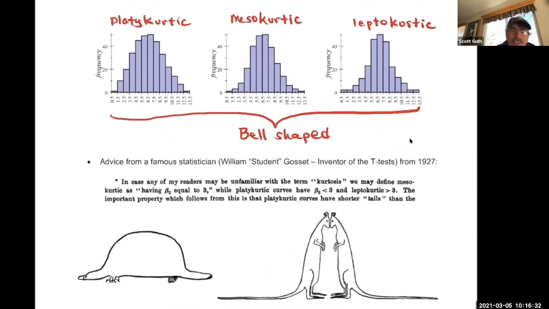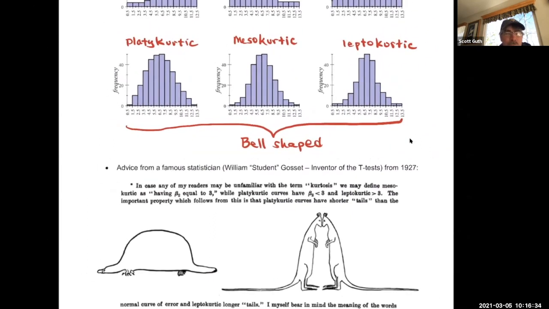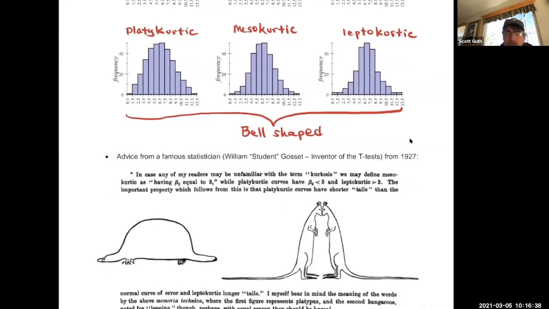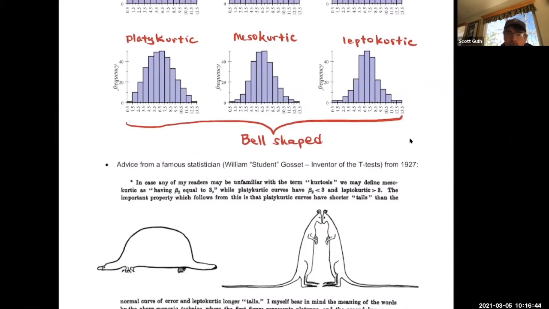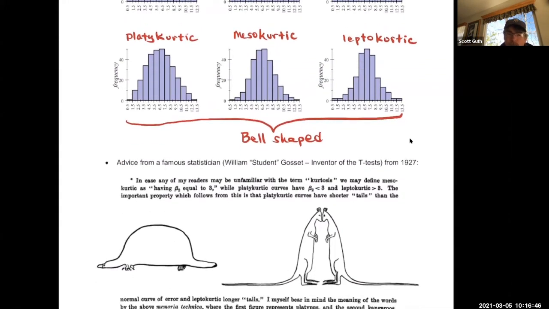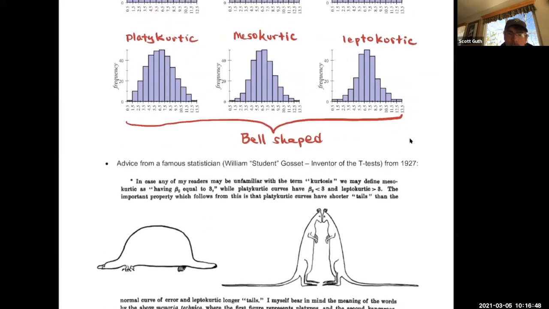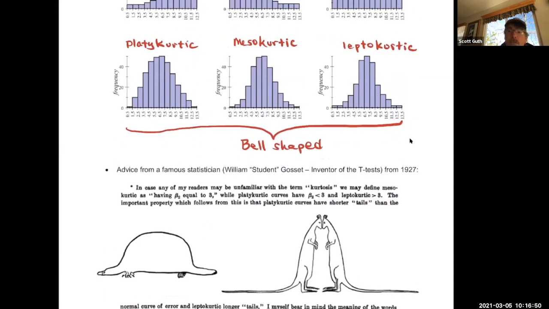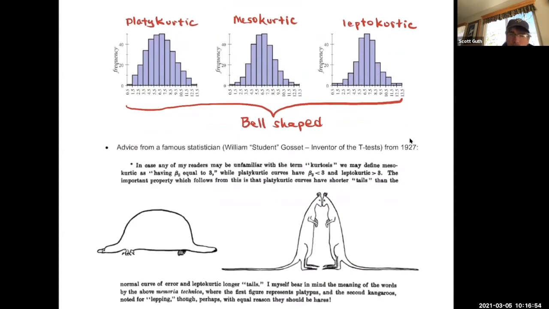And you have one of the most famous statisticians drawing pictures of platypuses and two kangaroos that lep about for the leptokurtic. That's how William Gossett, also called Student, remembered leptokurtic, because kangaroos lep.